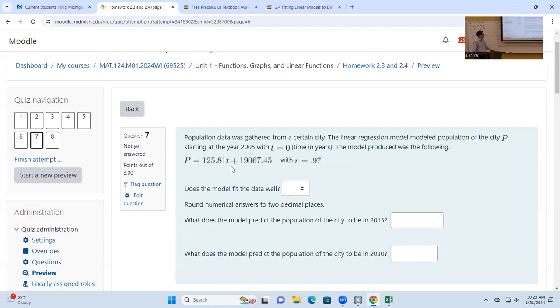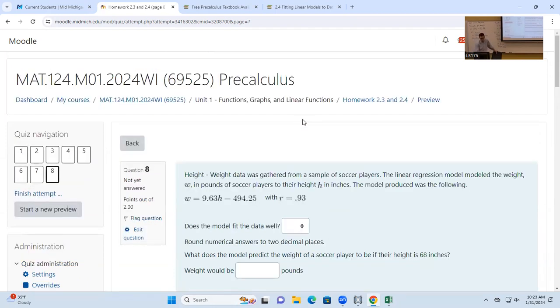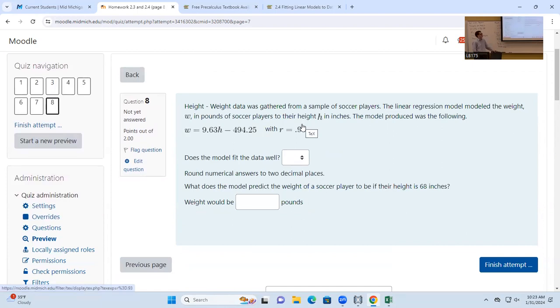Predict the temperature with this many chirps, predict the chirps with this temperature, that kind of stuff. Those are the types of questions I'm going to ask. Here's the model. Does that R mean it's a good fit or a bad fit? And then do some predictions.